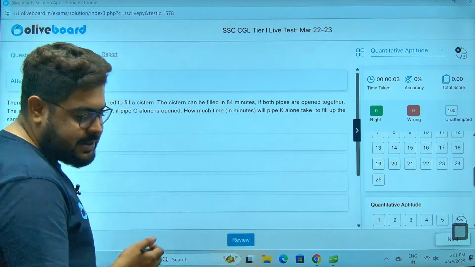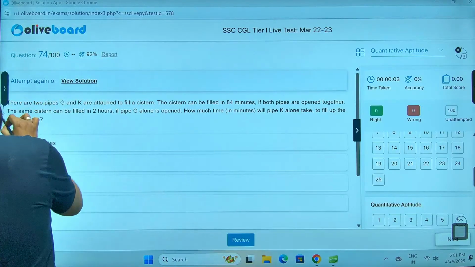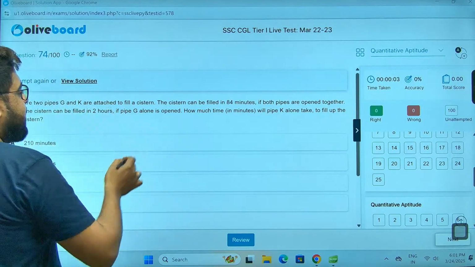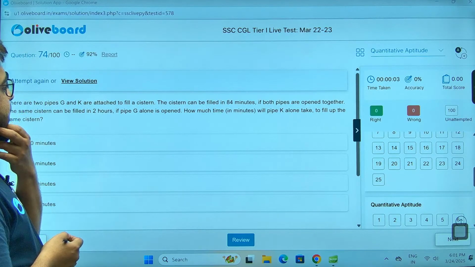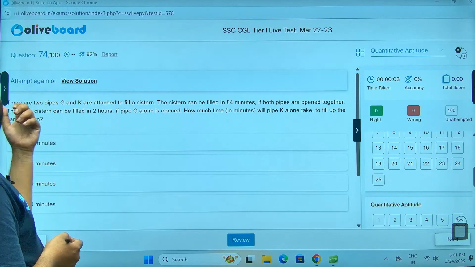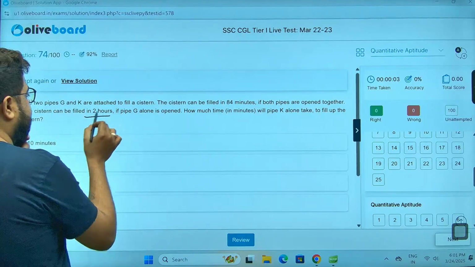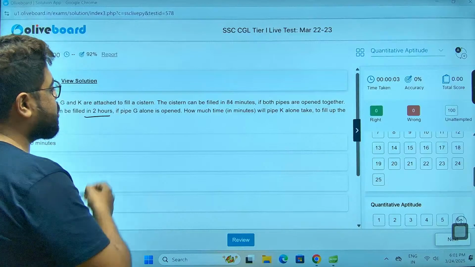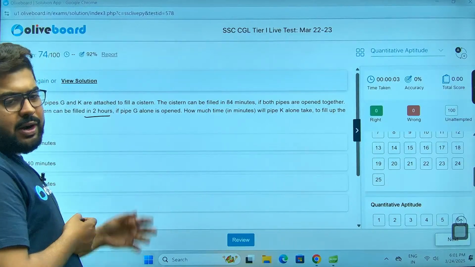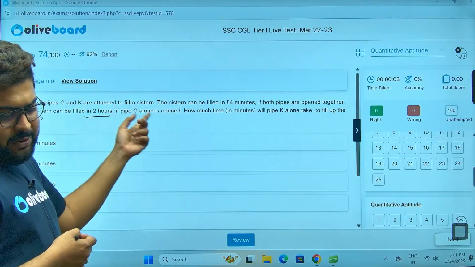Bigger chapters these are. There are 2 pipes G and K, both attached to a cistern. A cistern can be filled in 84. If both pipes are open together, it can be filled in 2 hours. If G alone is open, then how much? So there is a shortcut, AB by A minus B, or you can go by logic. This is a pure logical question.